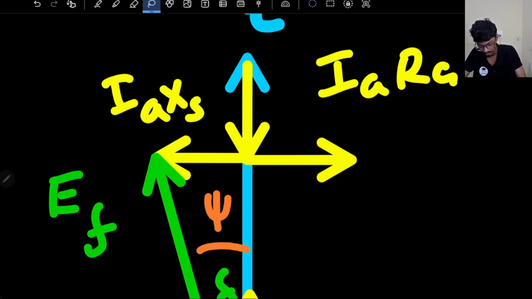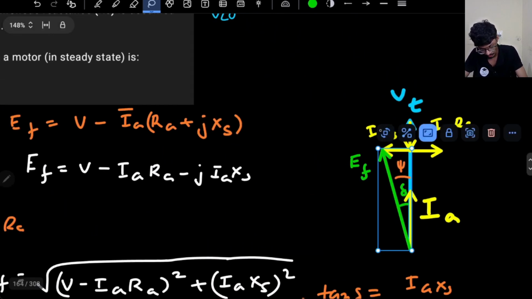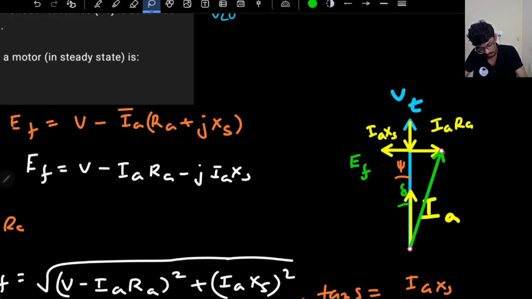Because in case of a motor, the power angle will be negative. Why will it be negative? Because the infinite grid will deliver the power.